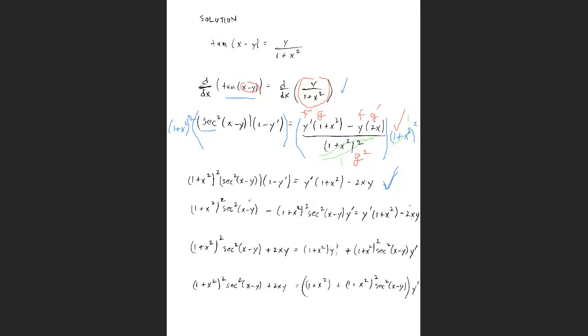And what I choose to do on this step is I take the 1 plus x squared squared and I distribute that to the secant squared.